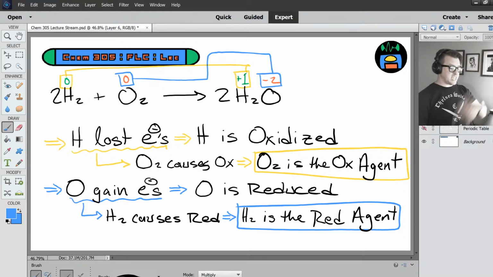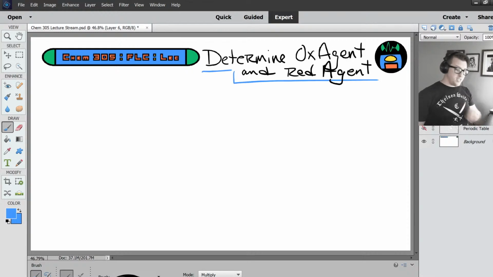But the oxidizing agent is the compound that reacts with hydrogen to cause the oxidation. The reducing agent is the compound that reacts with oxygen, causing the reduction. So the agents are reactants, the elements individually get oxidized and reduced. And we'll see that fleshed out in the next few examples.